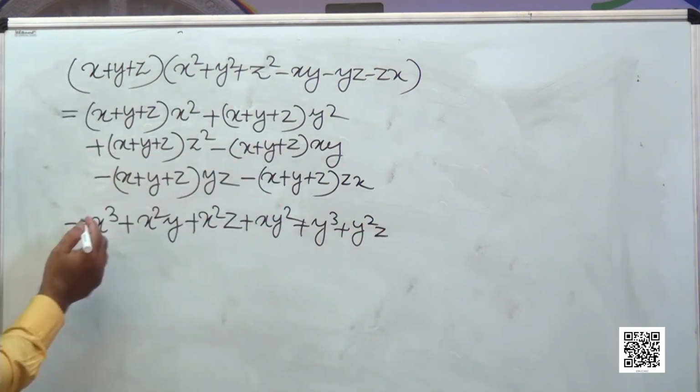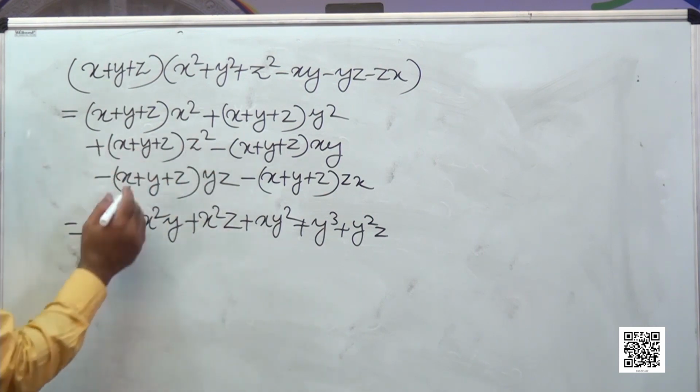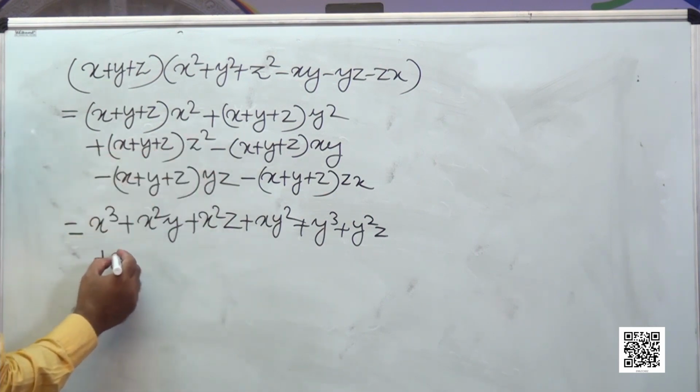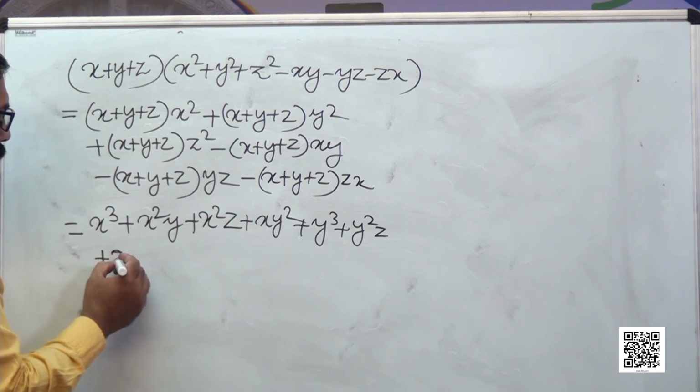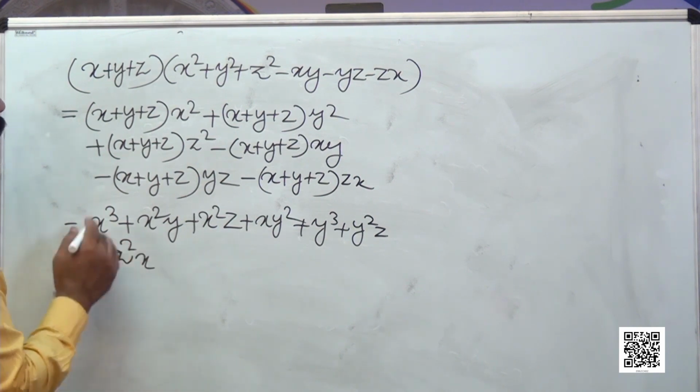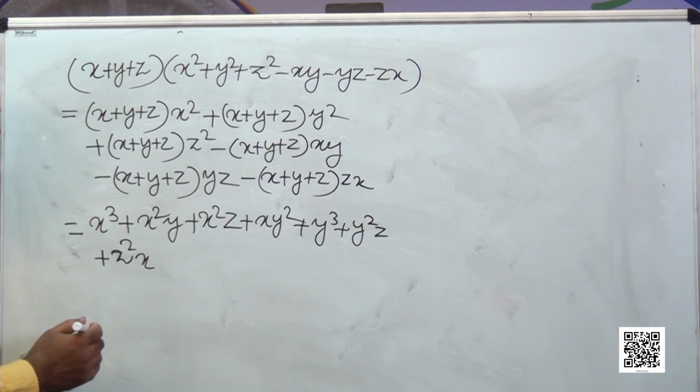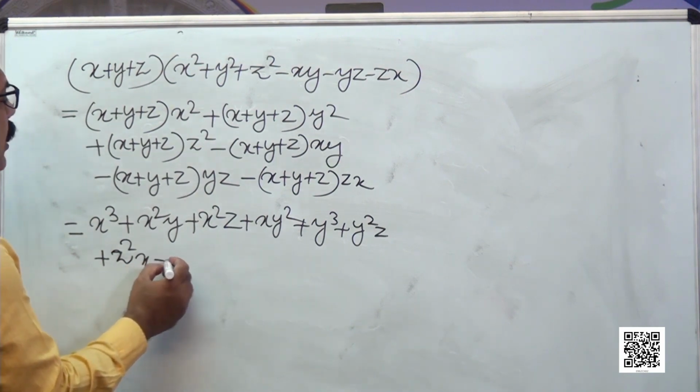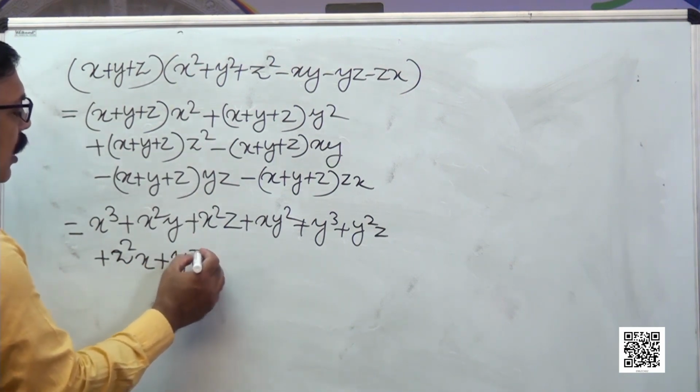In the second line, we multiplied x with z square. We have z square x, then y into z square, we can write plus yz square.